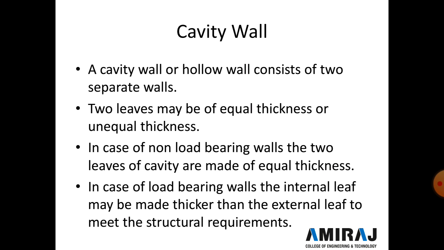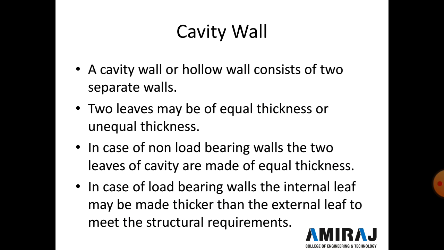The two leaves of the cavity wall may be of equal thickness or unequal thickness. Sometimes both walls are equal in thickness, and sometimes unequal. For example, the outer wall thickness is 0.2 meter and the inner wall or inner leaf thickness is 0.3 meter.